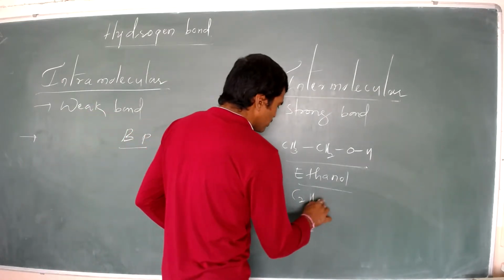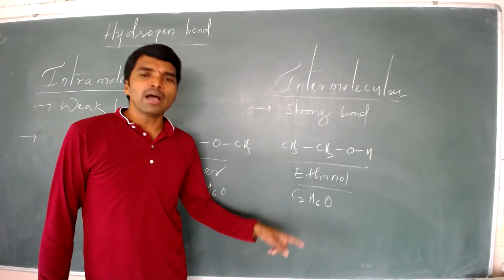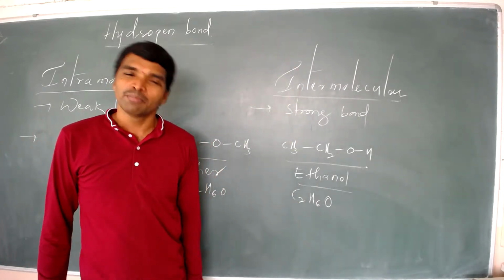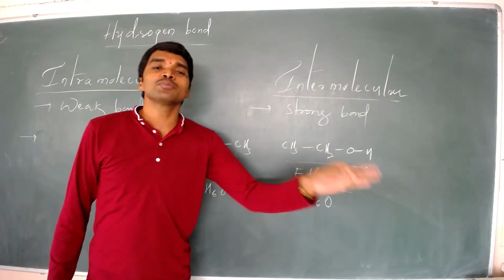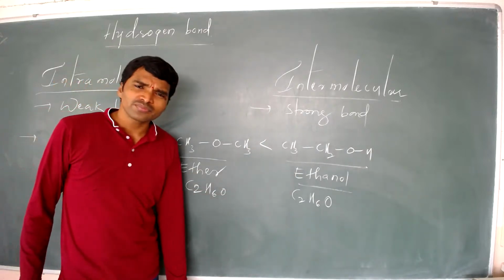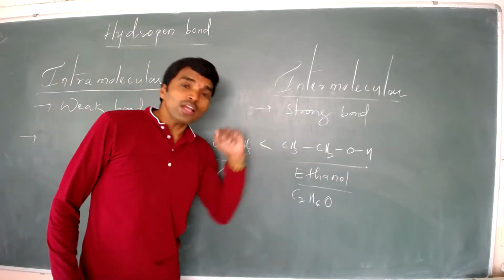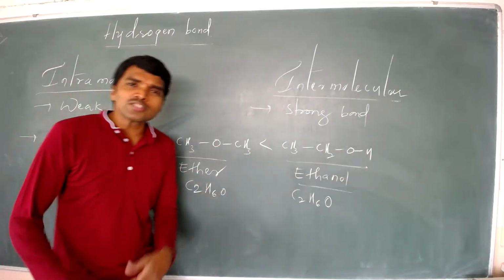C2H6O. This is also C2H6O. Two molecules, molecular formula is same, but this is having the highest boiling point and this is the lowest boiling point. Boiling point of alcohol is highest. Boiling point of ether is lowest.